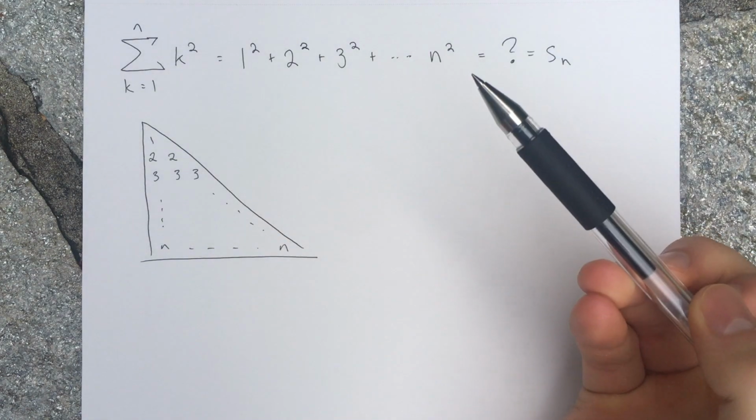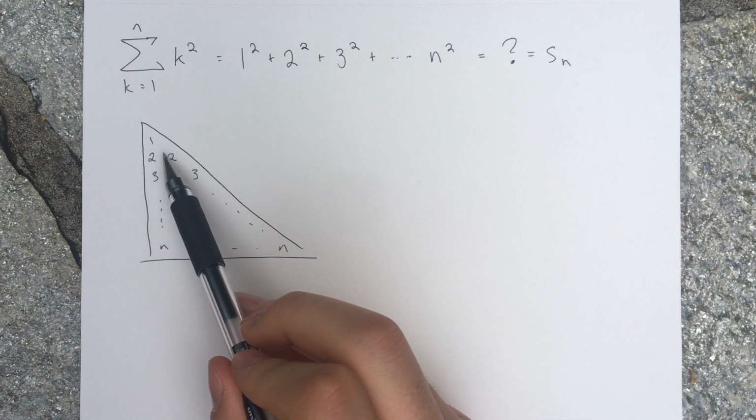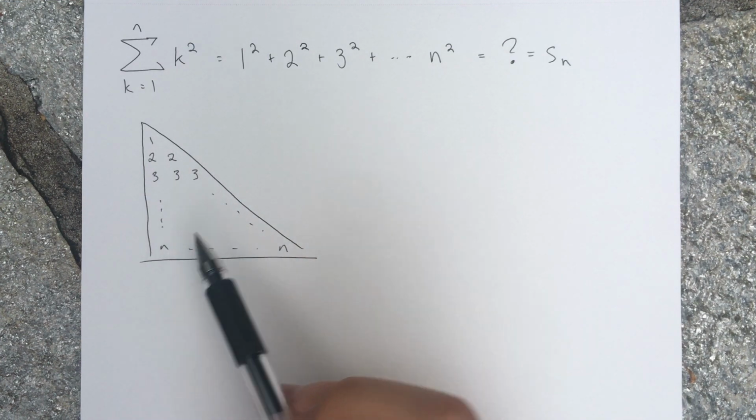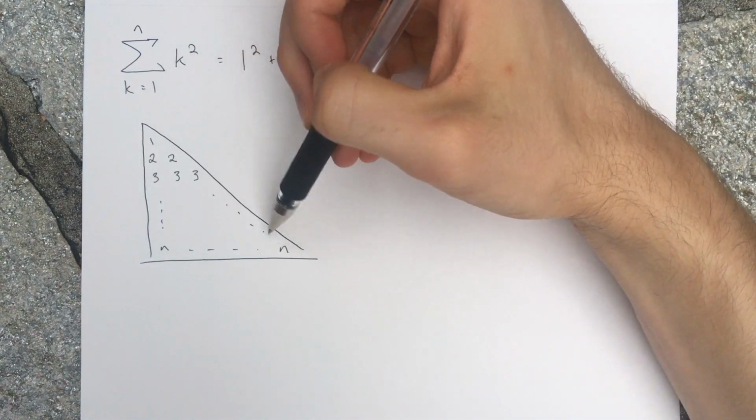So now that we have that, let's see if we can sum all these in a slightly different way. Let's go along this diagonal right here.